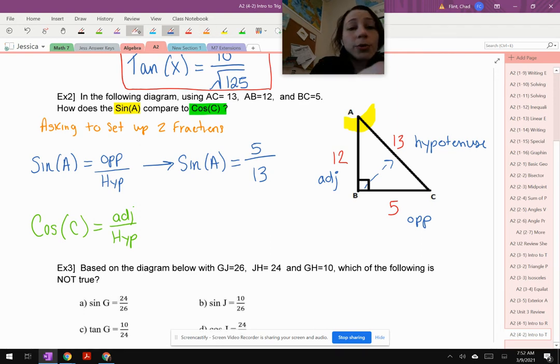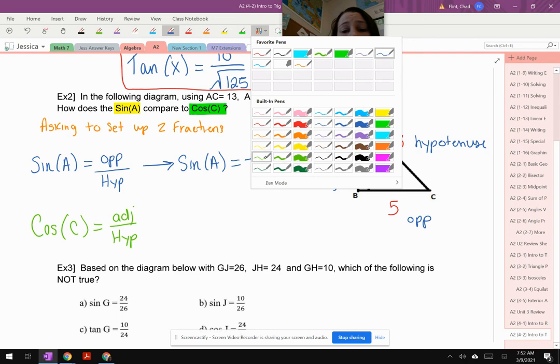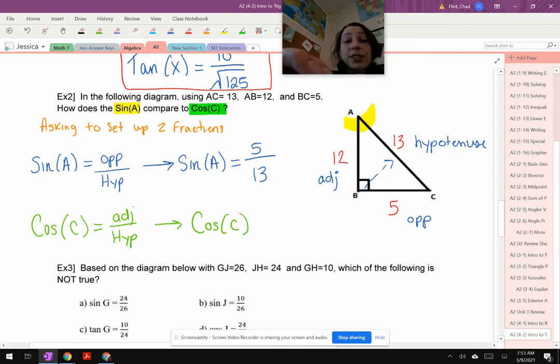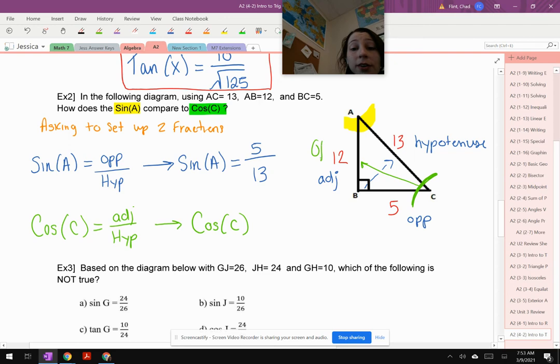Now, for cosine, it's going to be very similar, but a little bit different, because this time, instead of using angle A, we're using angle C, so that changes things. If I'm talking about angle C here, the side opposite from angle C is that 12, and the side adjacent to it would be that 5.